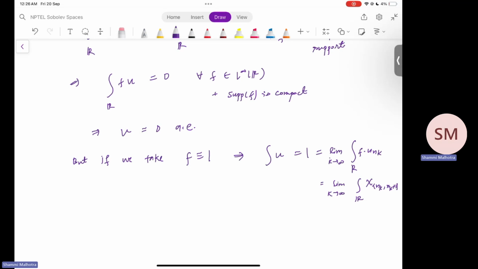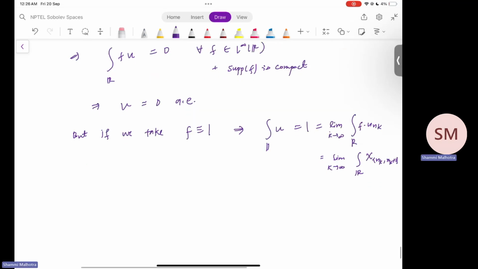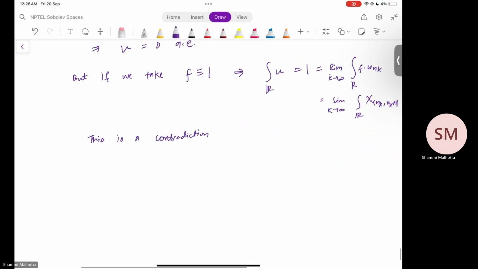So this is 1 only, and this is a contradiction. This implies E is not reflexive.